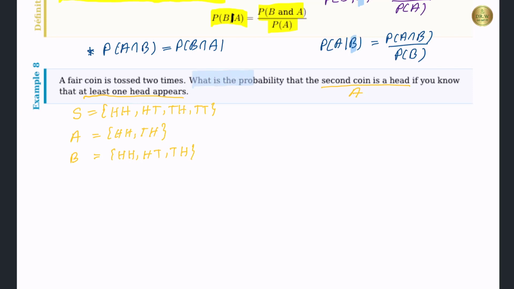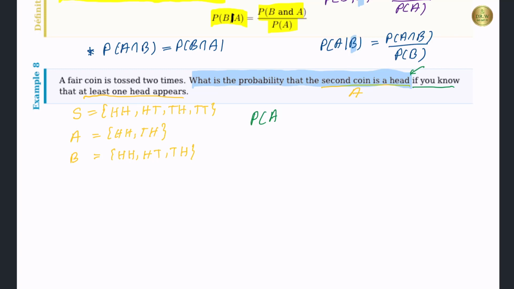What is the probability that the second coin is a head? It is asking the probability that the second coin is a head. If you stop reading here, then you will find the probability of A. But you have a condition. You have a condition here: if you know that at least one head appears.